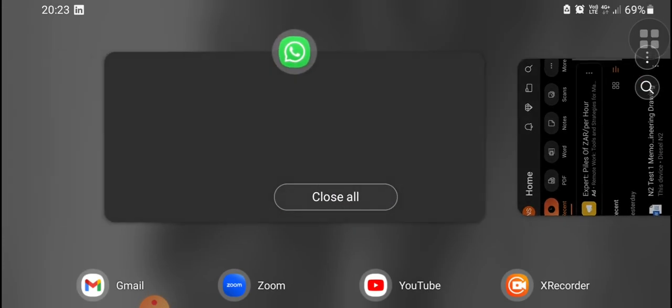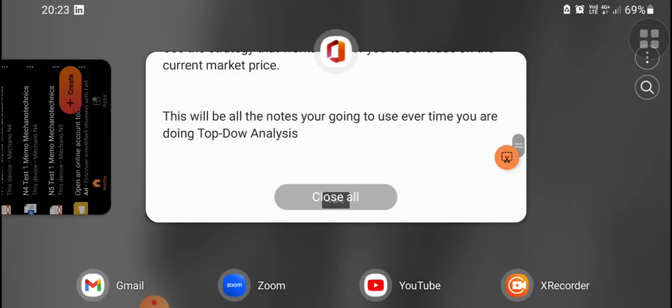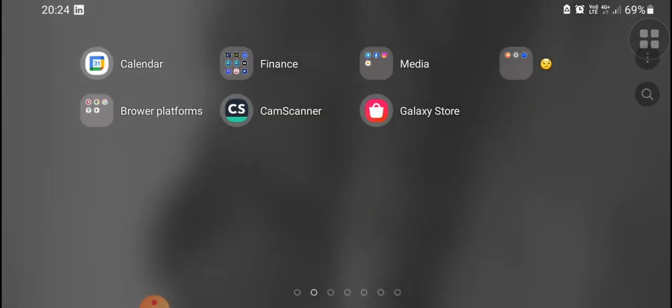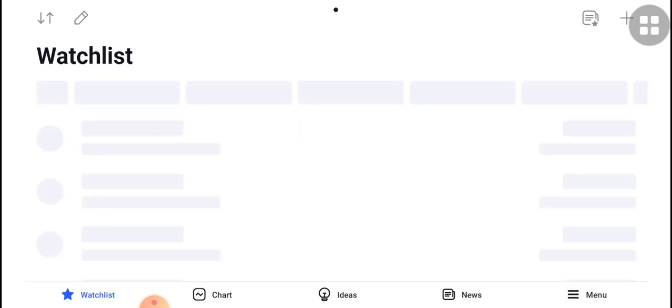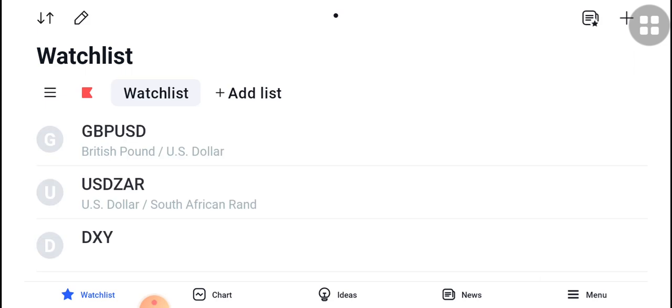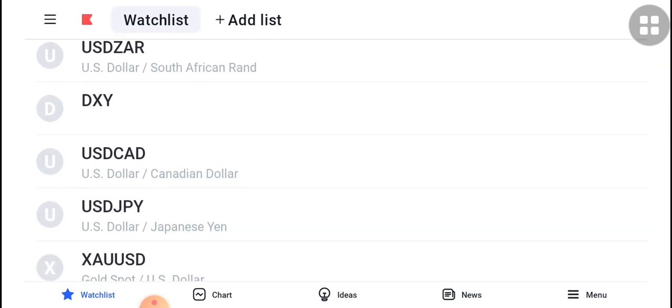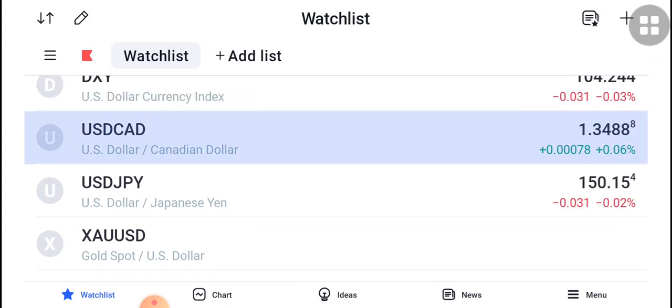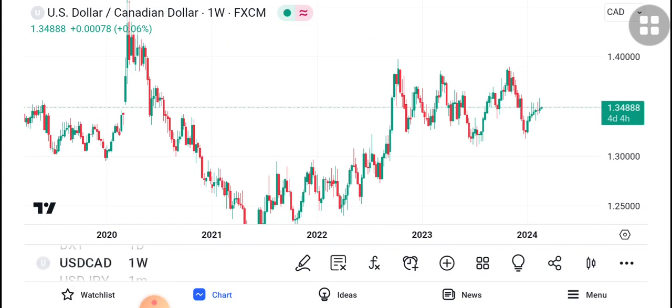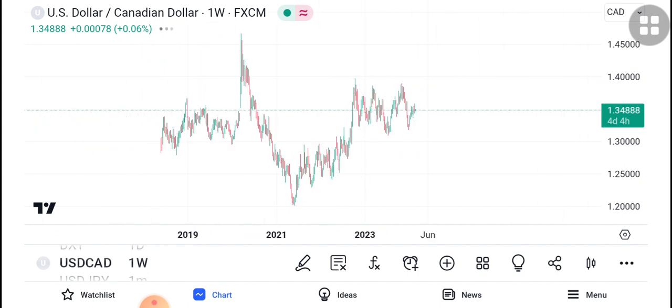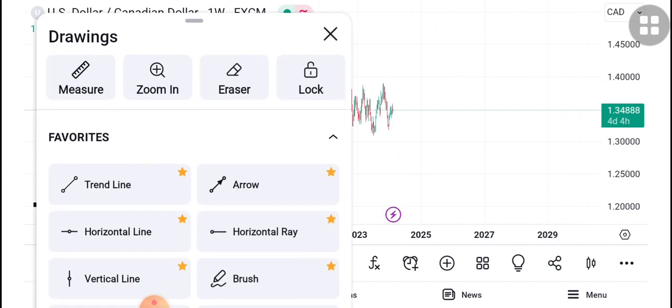So we're gonna go to our TradingView. Here we're gonna be analyzing USD/CAD.